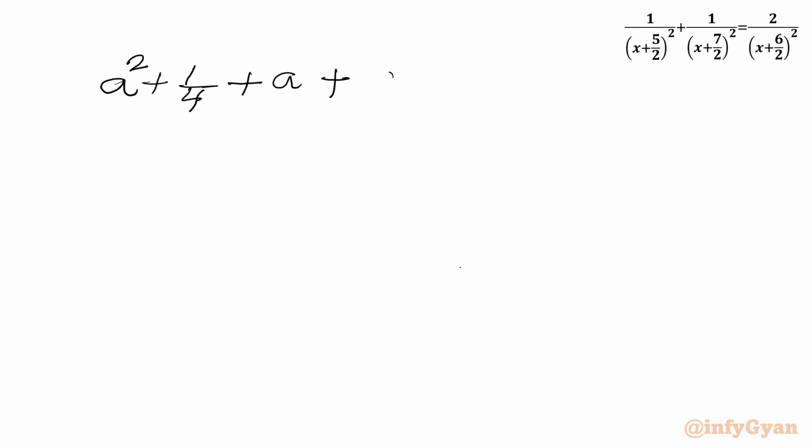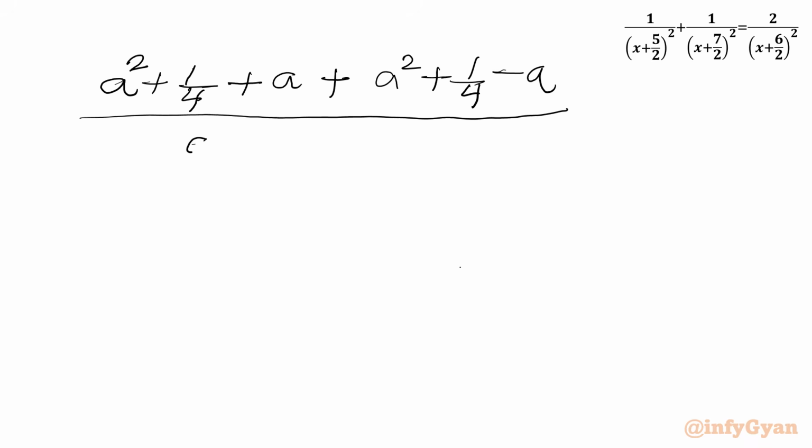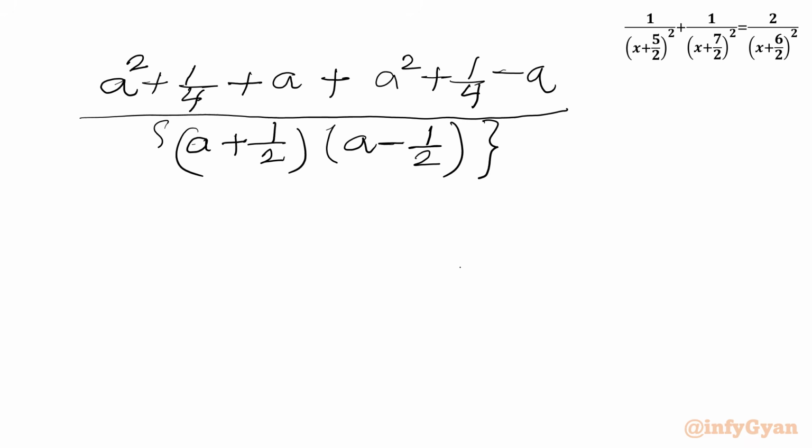A minus half whole square, a square plus 1 over 4 minus a. In denominator, we will multiply a plus half with a minus half, and then we'll put whole square. Right hand side is 2 over a square.